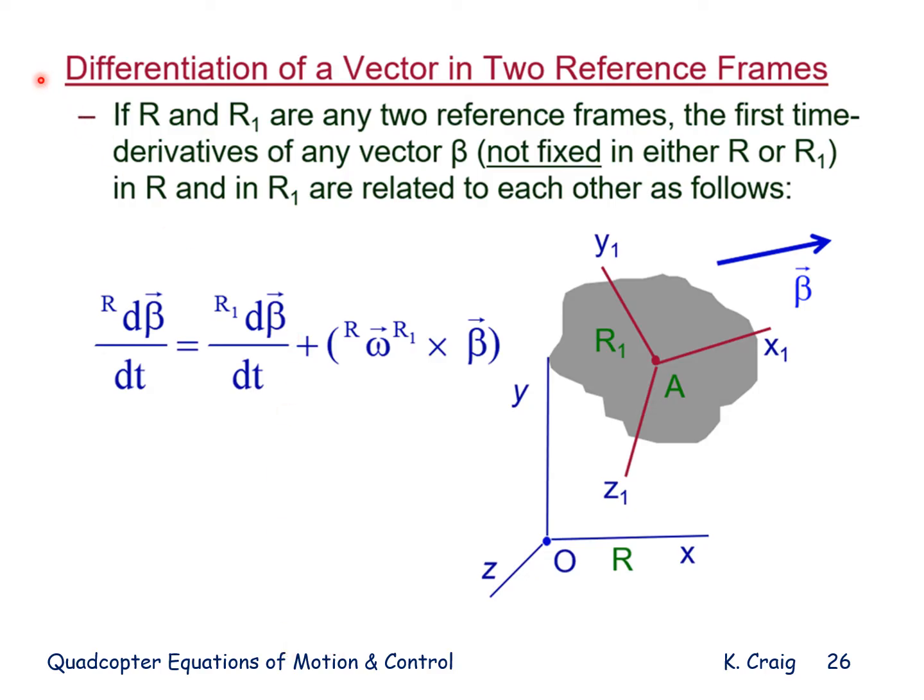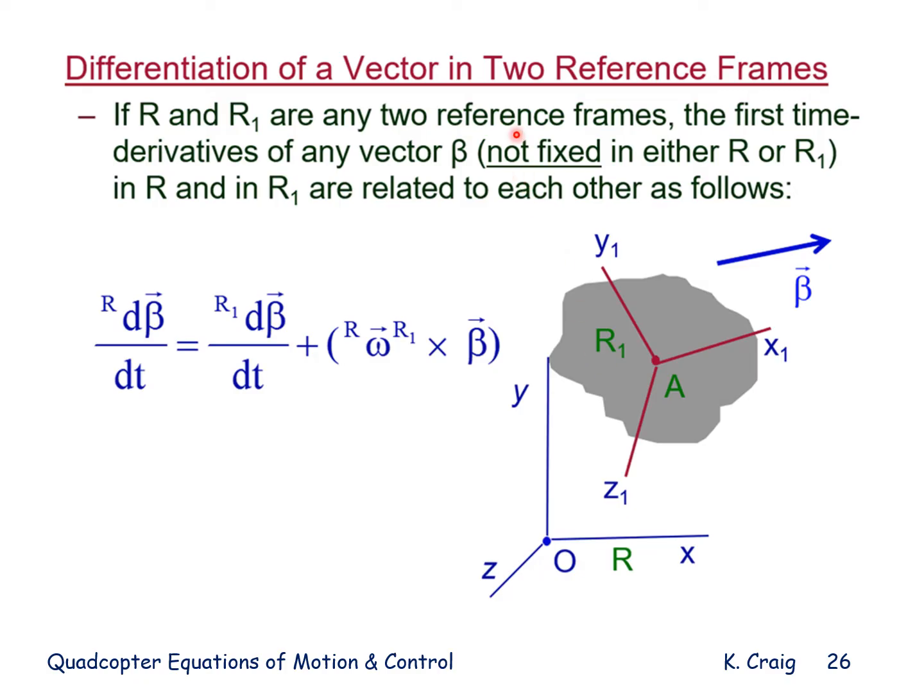To continue our derivation of the equations of motion, we will need to understand the differentiation of a vector in two reference frames. R is the grounded reference frame, R1 is the reference frame attached to the rigid body.